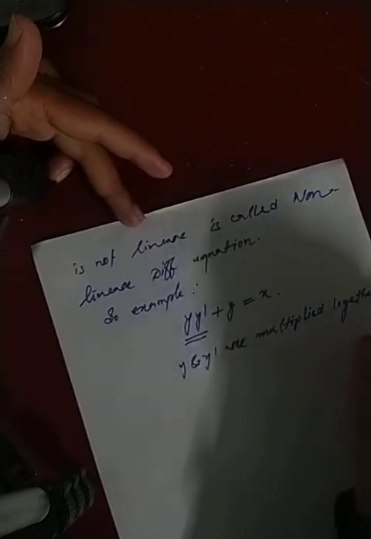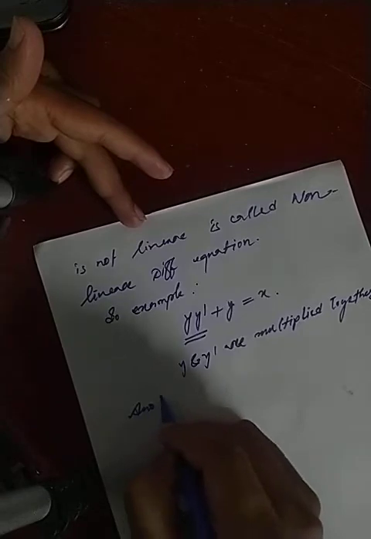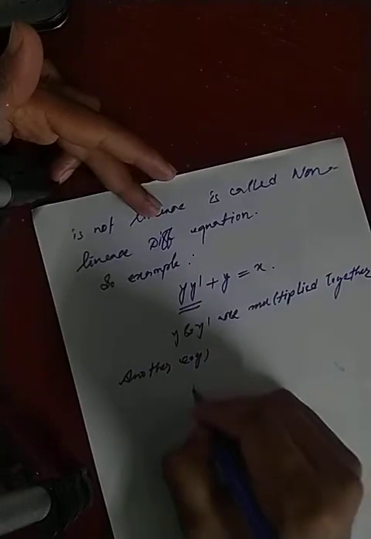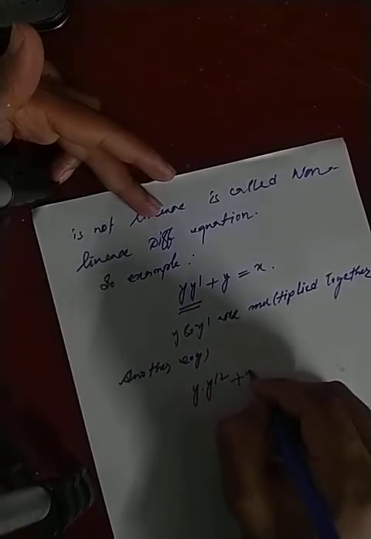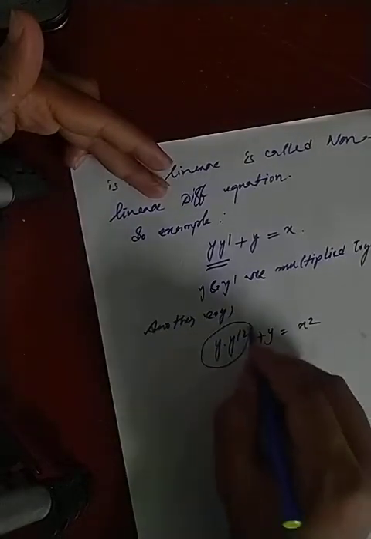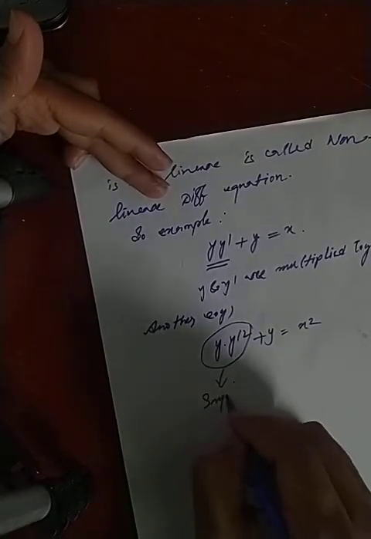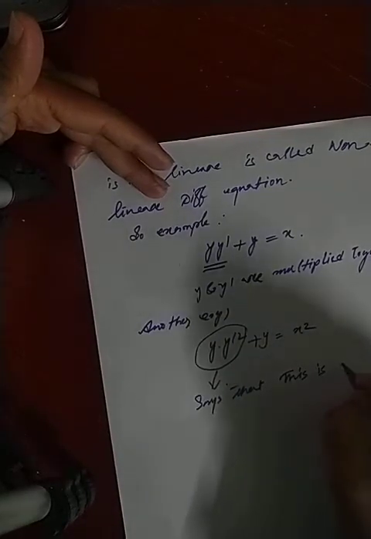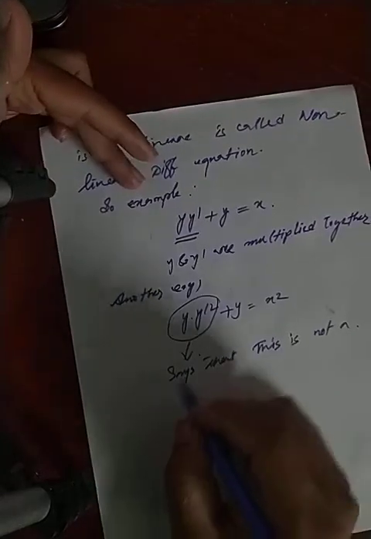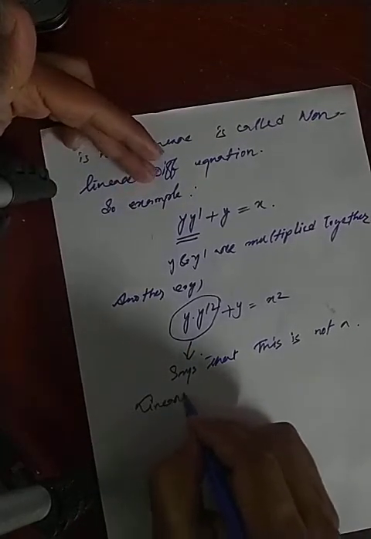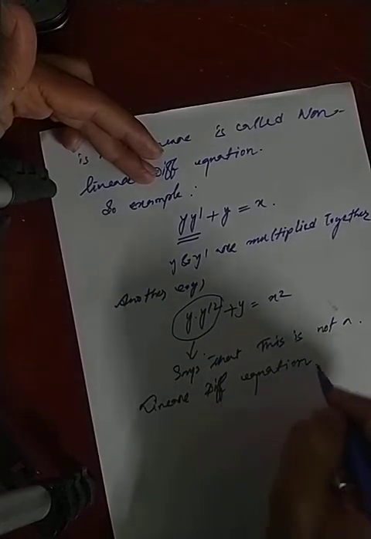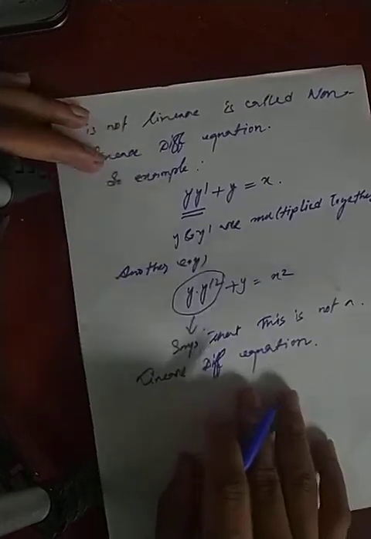Another example is y times y dash squared plus y is equal to x square, because this term says that this is not a linear differential equation. So that's important to note.